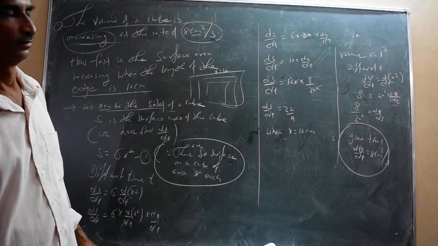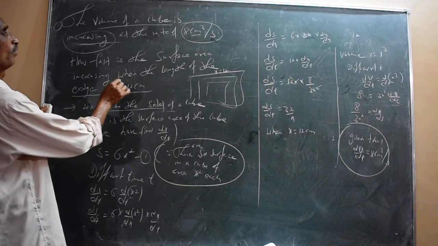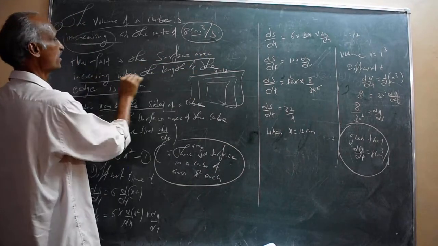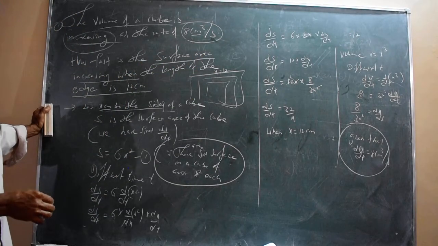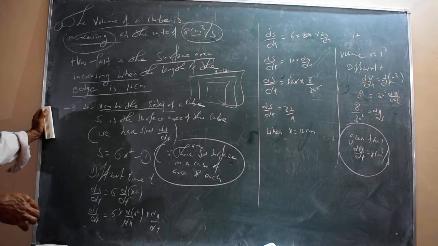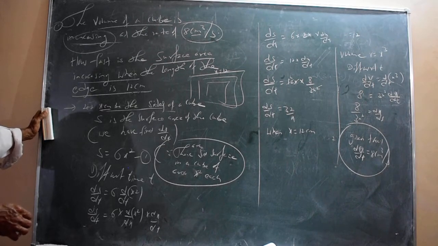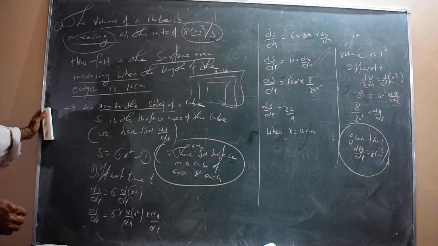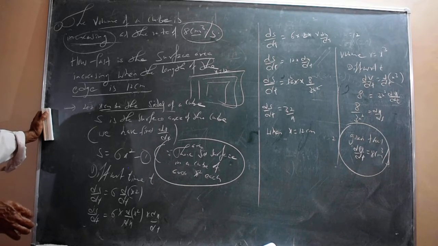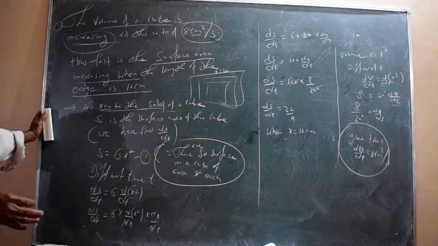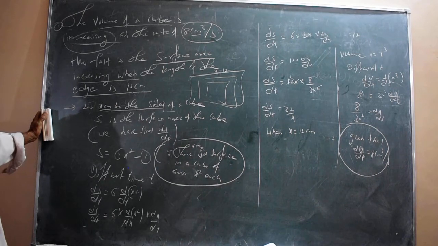Given that, find the rate at which the surface area is increasing. This is about dS by dt. Increasing means it is not simply volume changing, it is surface area changing, how fast it is changing. It is not simply dV by dt.